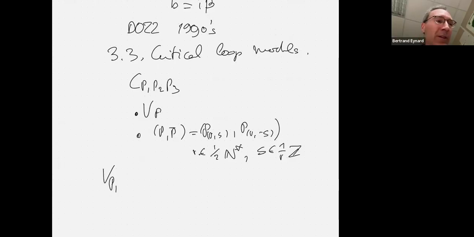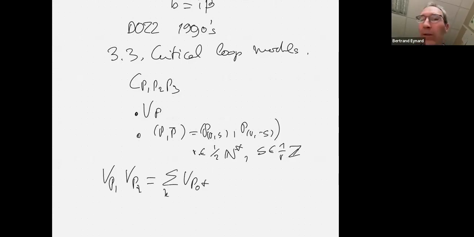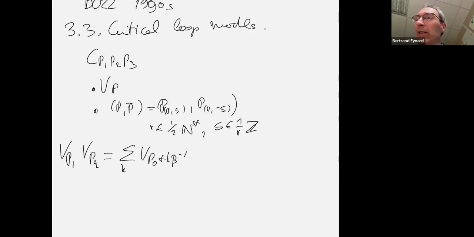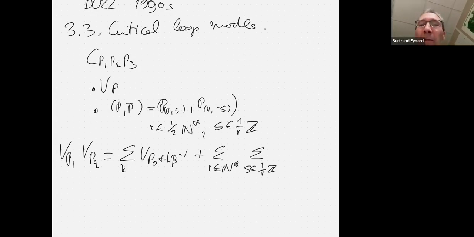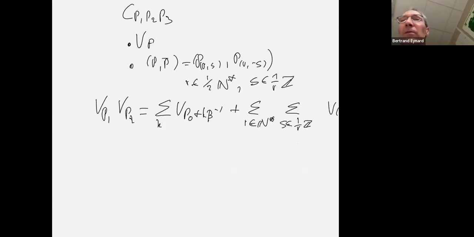Well, you have an infinite series of diagonal fields of the type P0 plus k beta inverse. And then you have a sum over the non-diagonal spectrum, except the first index now is an integer: sum for r integer, s in 1 over r Z, of V(r,s). So this OPE shows it's a very, very different CFT, but the same formula for C P1, P2, P3 is valid.